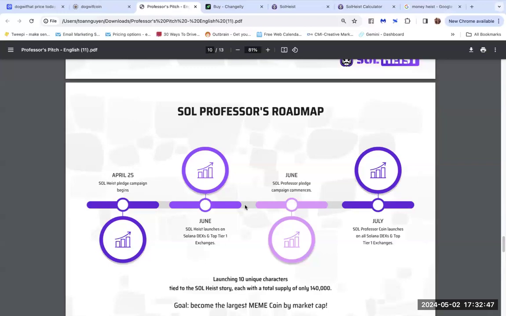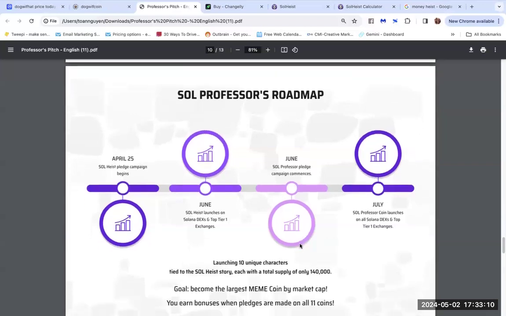I'm not telling you to do so, I'm just giving you that visual, okay? We all made a pledge, but when it hits the exchanges, we're also buying up what's on the circulating market, and we're also making pledges so we can grow our passive yields perpetually. What happens to the price of Solheist? It goes up. Guys, this is very, very interesting.